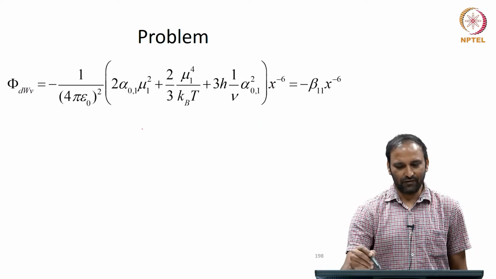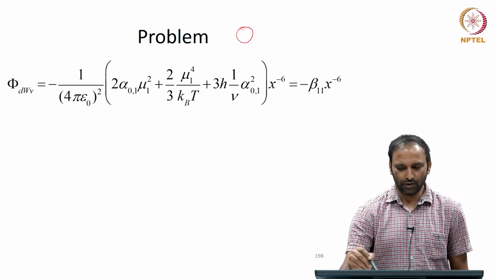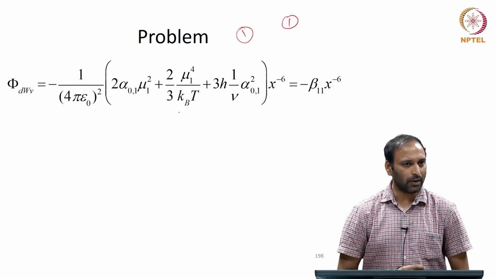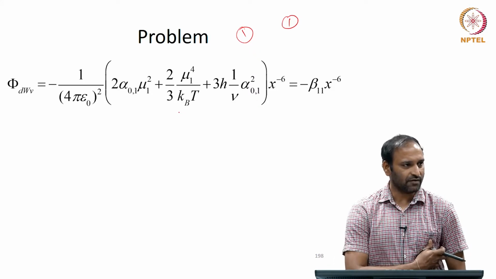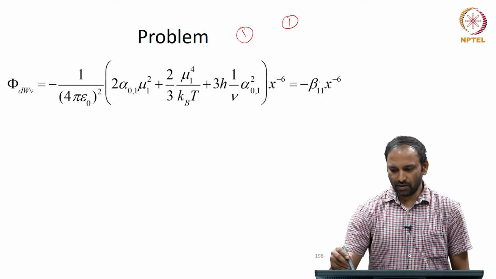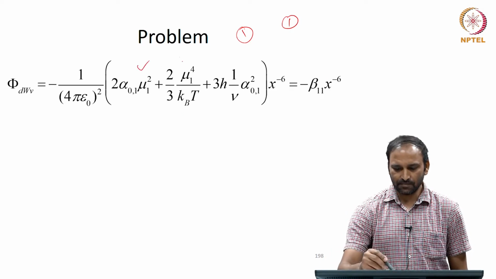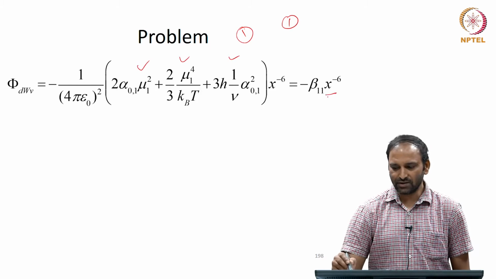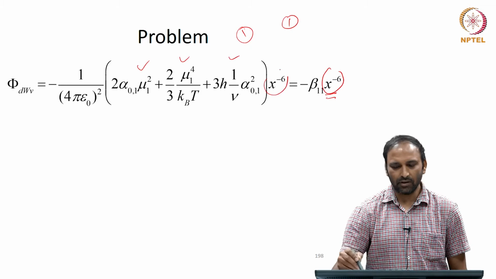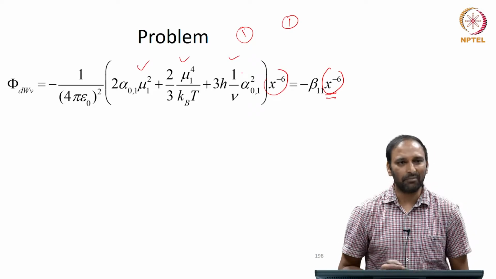If you have 2 identical molecules, 1 and 1, that will be the total van der Waals force of interaction. Each of the terms, as well as the other interactions, have the same x to the power minus 6 dependence.